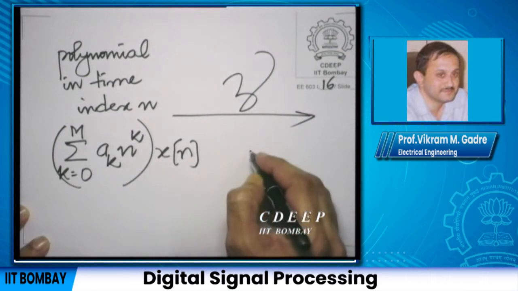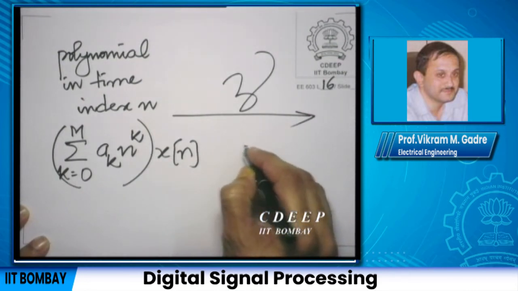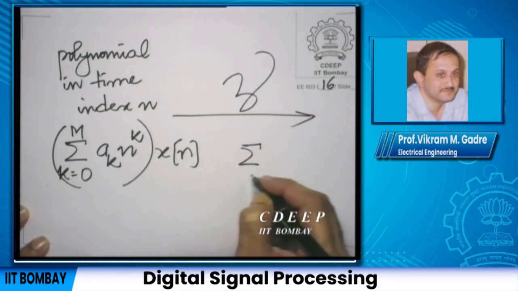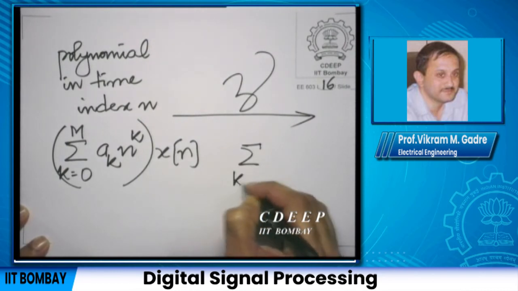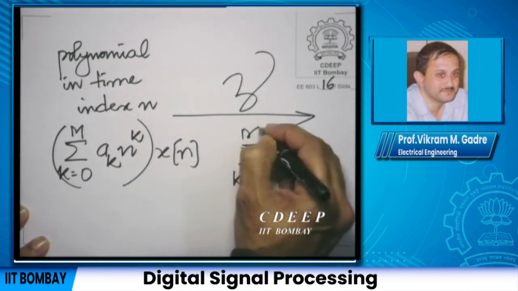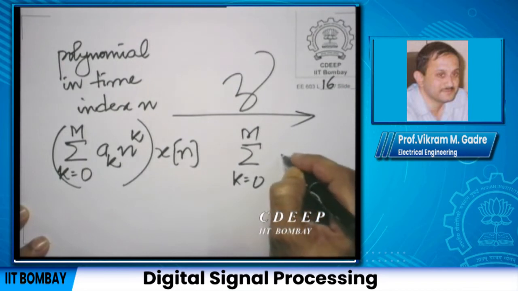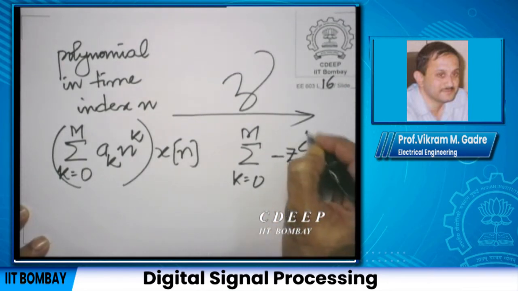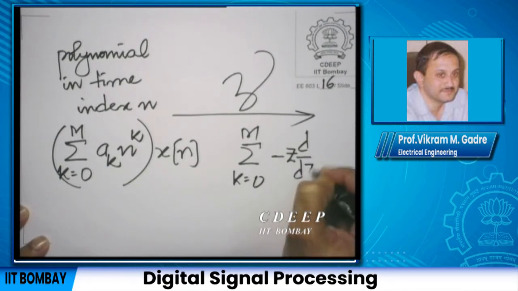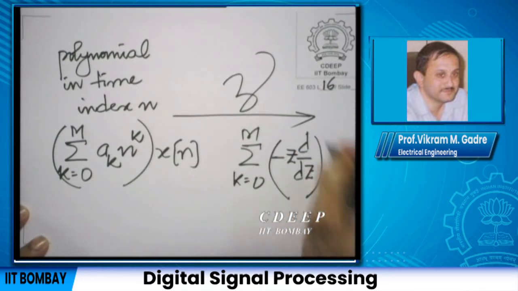So, this corresponds to summation k going from 0 to m. Now, please note, we should interpret this carefully. What I am saying here is (minus z d/dz) to the power k applied to X(z).